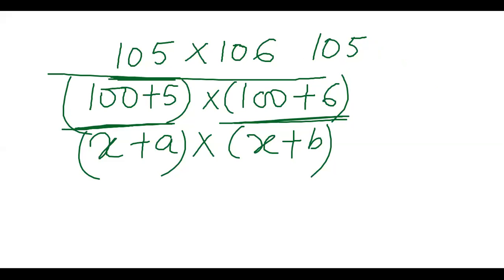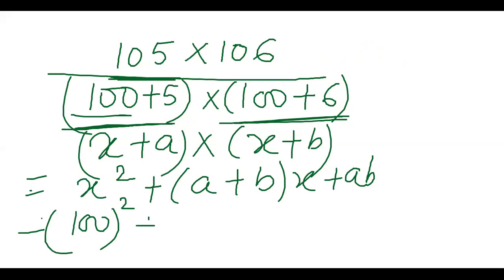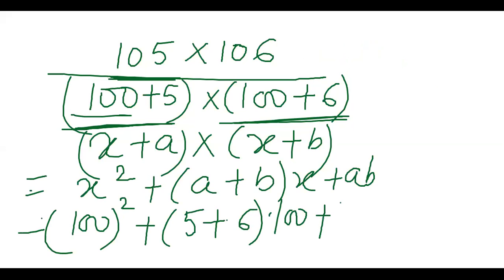So now here we will use the fourth identity, the same x plus a into x plus b, which is equal to x square plus a plus b into x plus ab. So here we will put the value at the place of x, we will put 100, plus at the place of a and b we will put 5 plus 6 into 100 plus 5 into 6.